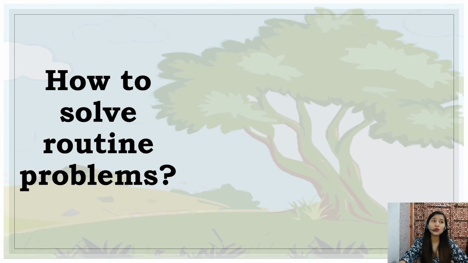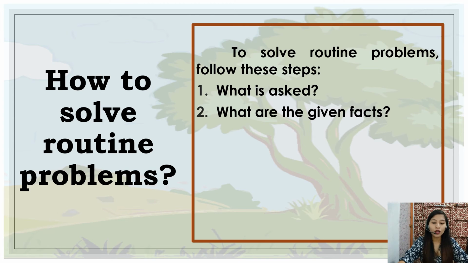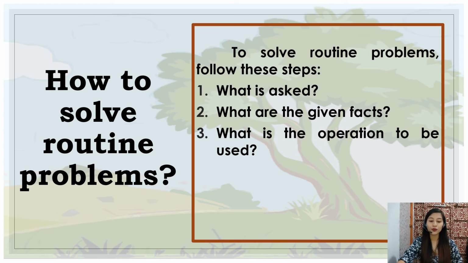So how do we solve routine problems? In order to solve routine problems, we follow these steps, the steps that we discussed earlier. The first step is to know what is asked. Number two, to know what are the given facts. Number three, what is the operation to be used?